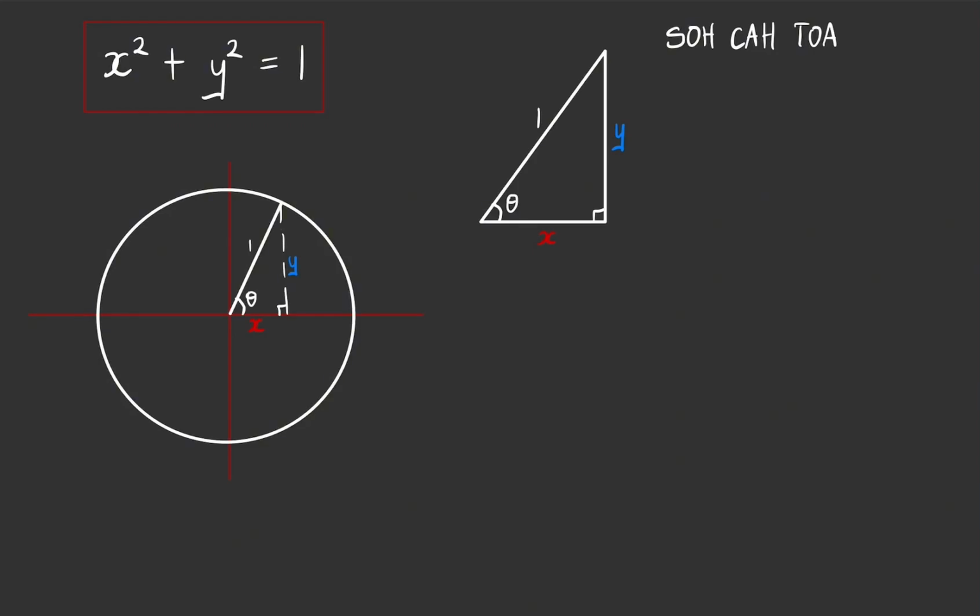So from this we can say that the sine of theta equals y divided by 1, and the cosine of theta equals x divided by 1.